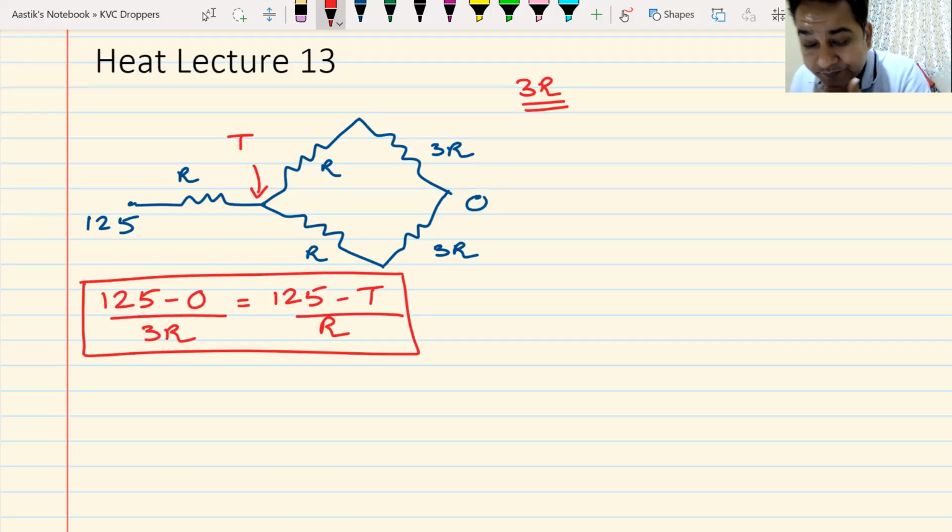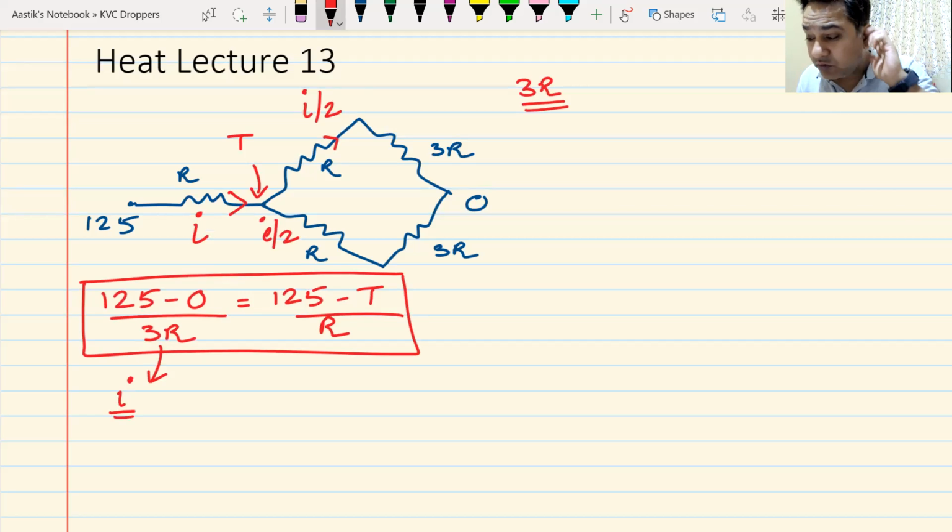Very nice and simple. Now, if I call this heat current as I, so if this I is flowing here like this, it will divide into two parallel branches. So the same current will flow because both the paths are the same.